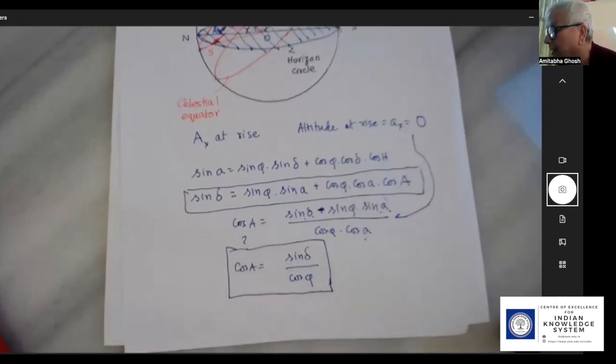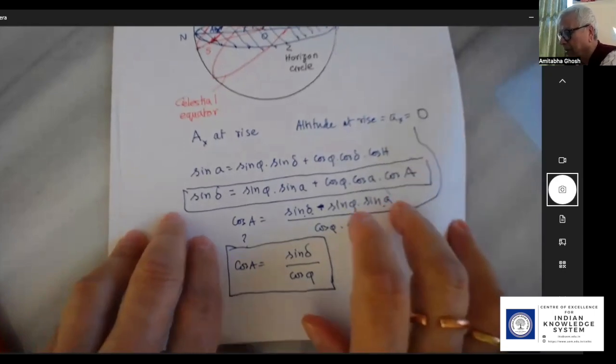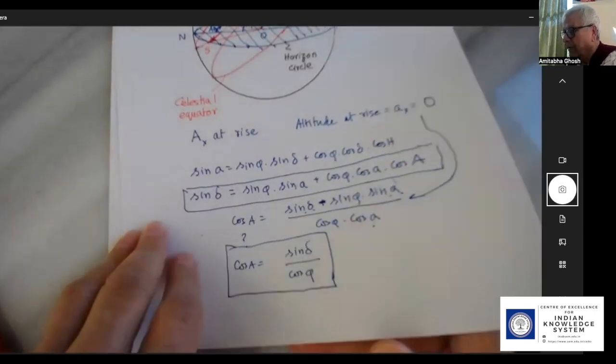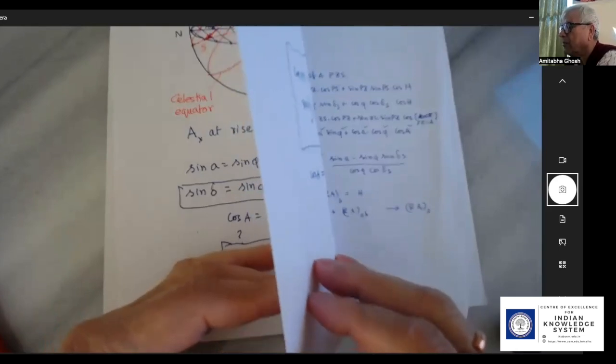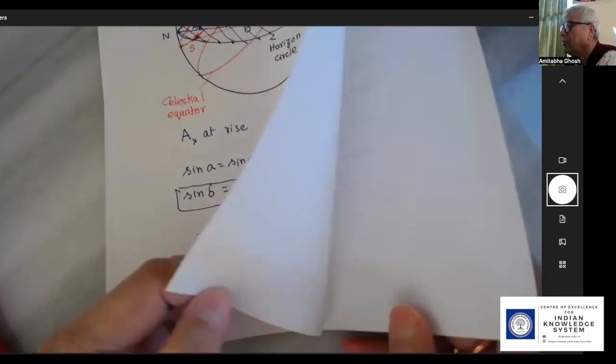If you have to know the declination, you have to know your latitude where you are observing from. Immediately you get what is the azimuth. So therefore, for example, if you want to consider sunrise, you have the table, which I have already shown here. The table gives you the declination of sun for every day throughout the year.